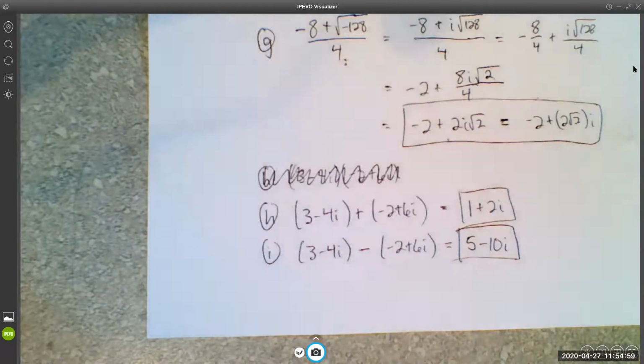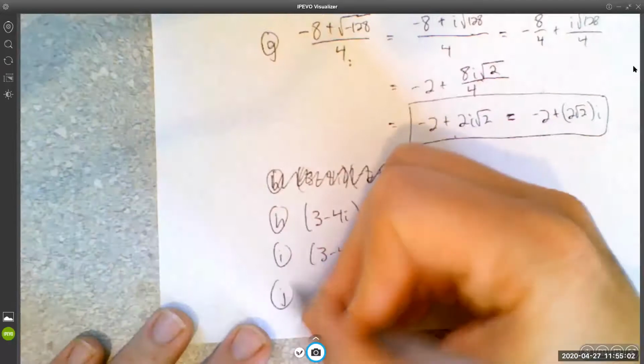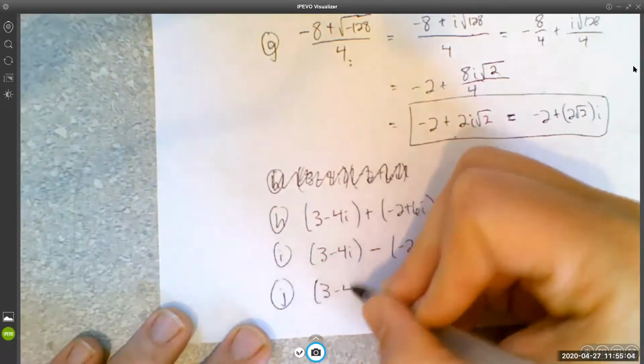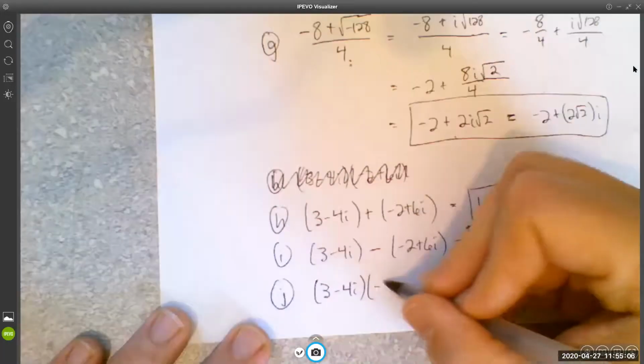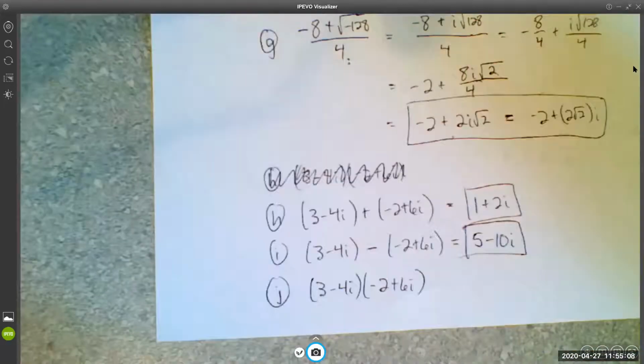Now let's do some multiplication. Let's do 3 minus 4i times negative 2 plus 6i. I know I'm flying through these examples, so feel free to pause the video so you can catch up. Or better yet, pause the video so you can work out the solution yourself before I work it out for you.